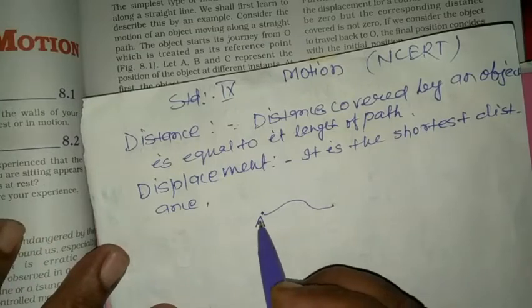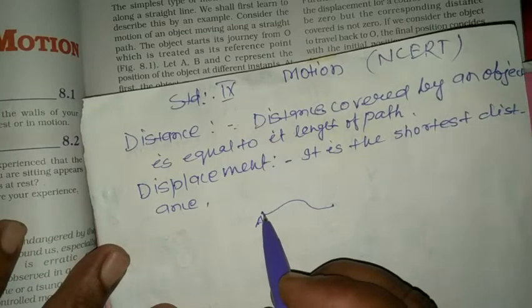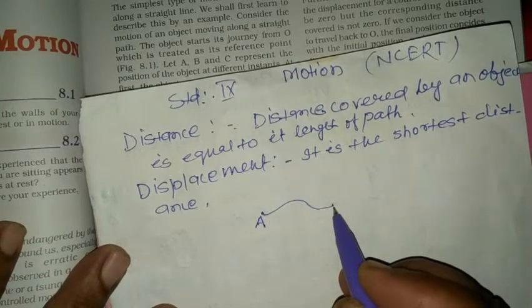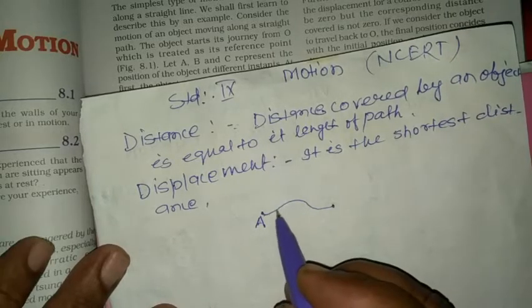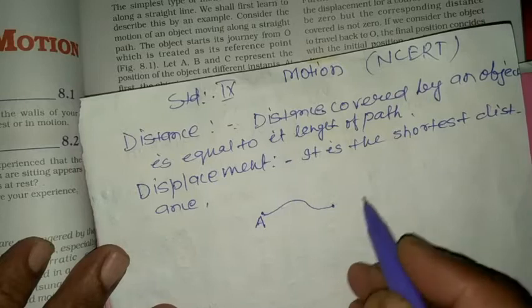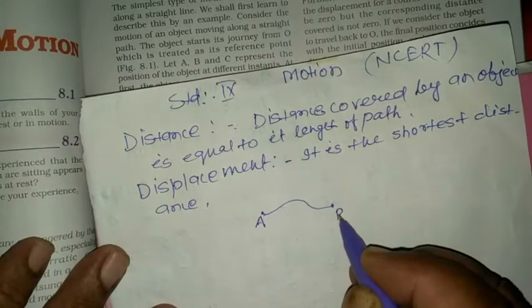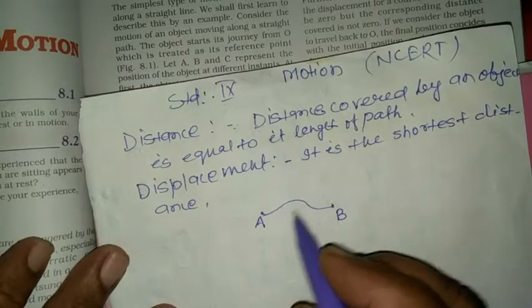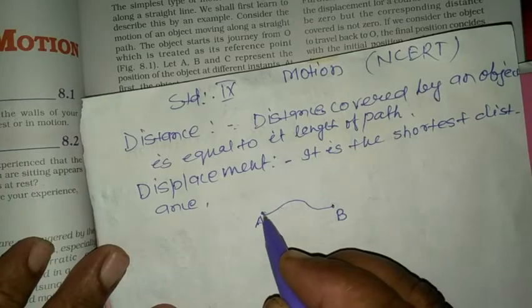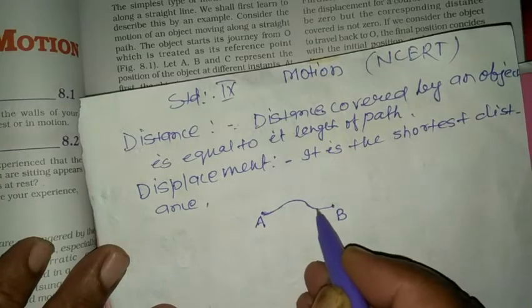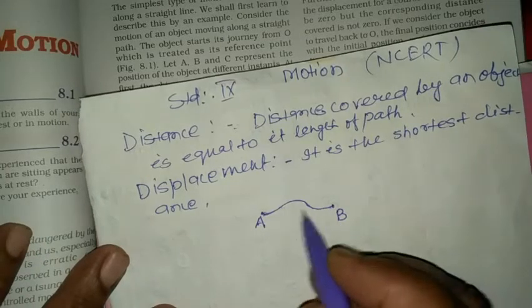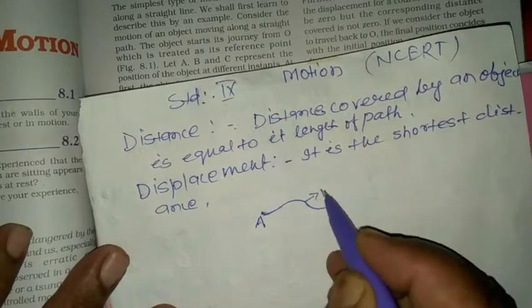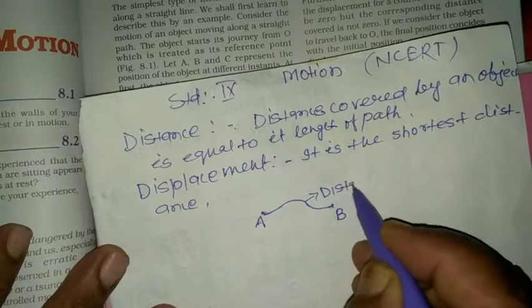Initially, the object is at point A. After some time, it moves along a curved path and reaches position B. Now, what is the distance? This is the distance that the object or body covers. This is called distance.